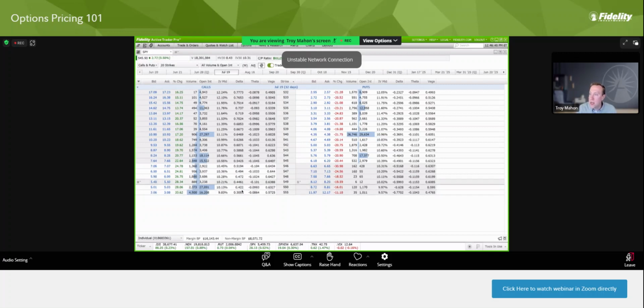From the put side, if we are a seller of the 542 put, that means we might be obligated to buy 100 shares of SPY at 542. From a beginner perspective, we would want to make sure we have an adequate cash balance. If we don't, it would potentially incur a margin loan. We would need, again, a higher approval level, and we might not want to take on that much risk.